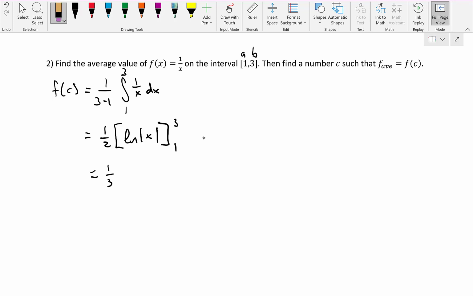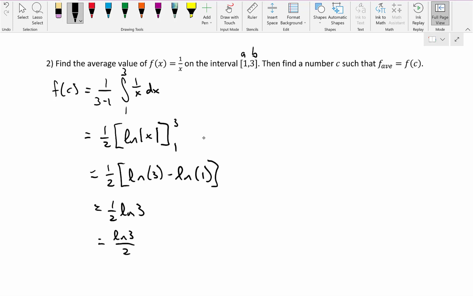And we end up with, thinking ahead, a 1/2 times the natural log of 3 minus the natural log of 1, which is just 1/2 natural log of 3, or natural log of 3 over 2. All right, and so that is f of c.